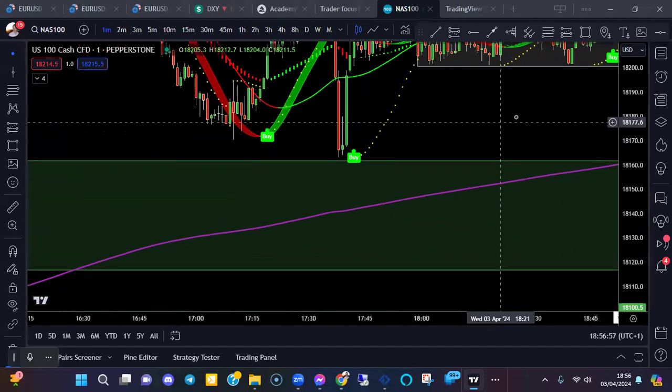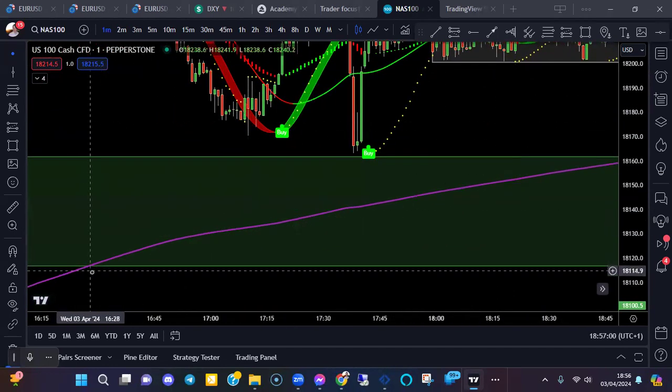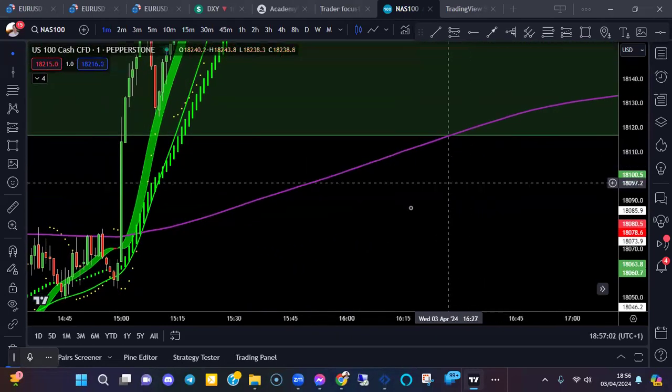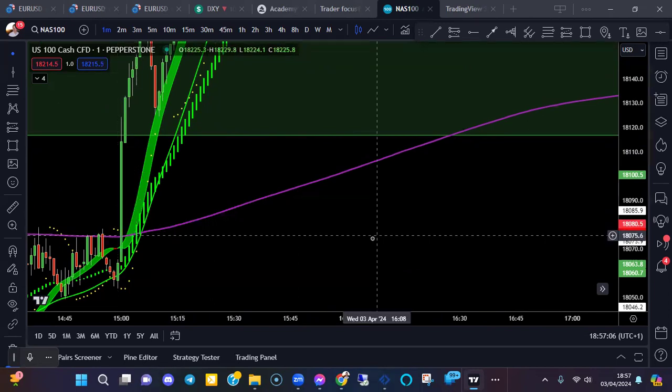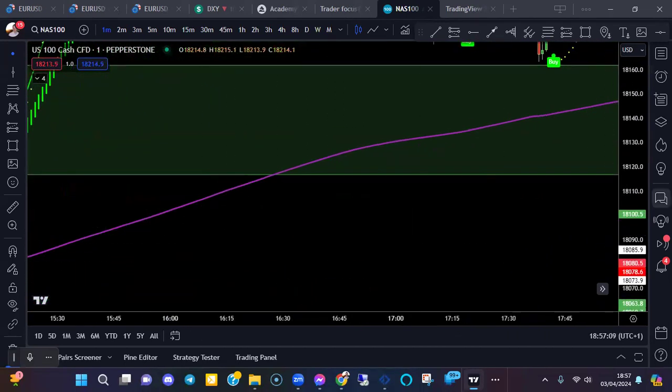But generally, overall, we are above the EMA 40 and the EMA 462, so we are in a sort of buy bias.